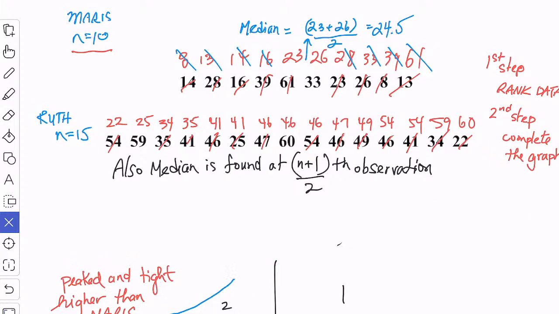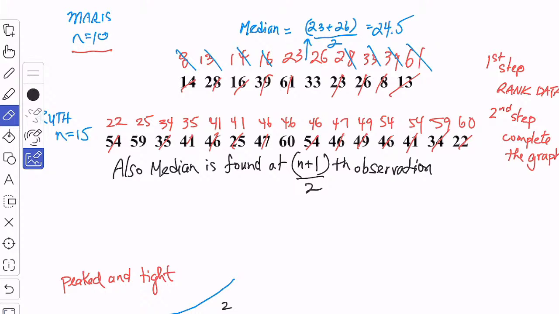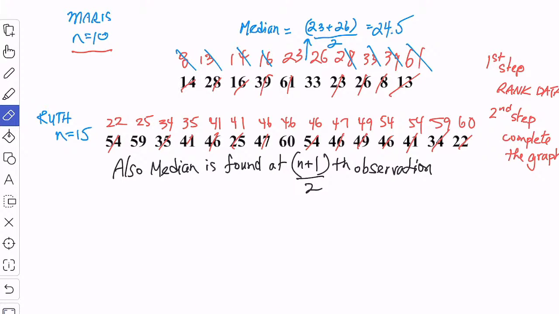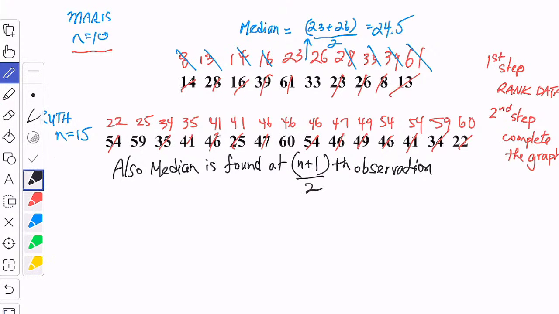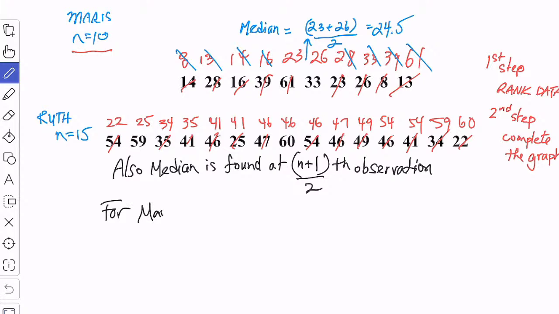Okay, so where are we going to find that? The number of observations n for Maris is 10.